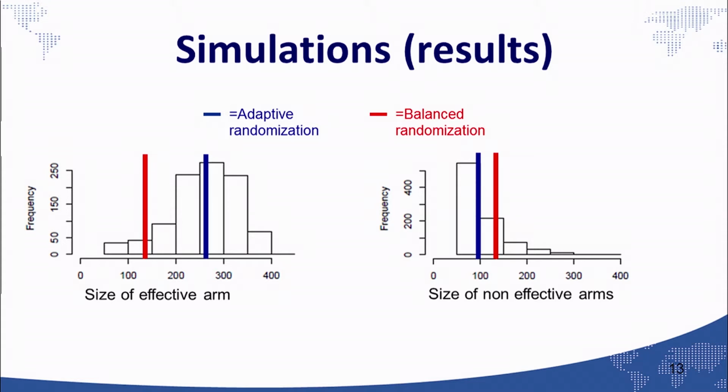With the adaptive randomization, the median number of patients will be approximately 264 for the effective arm, and for the non-effective arm, it will be 91 patients. For the balanced randomization, it will be 134, whether the arms are effective or non-effective. So more patients are randomized in the effective arm, and fewer patients in the non-effective arm.